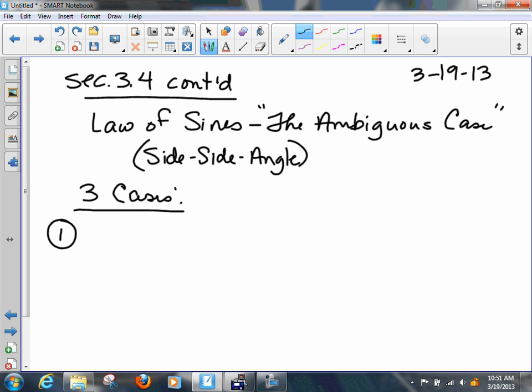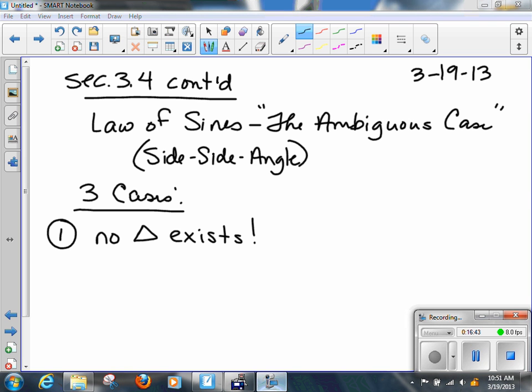The first one, this is the one that everybody wants to solve. The answer will be no triangle exists. You want to get it to a point and go, yes, I don't have to do anything else but write, no triangle exists. And there is a case where this will happen, okay? What this is going to look like, pardon me? Yeah, of course.